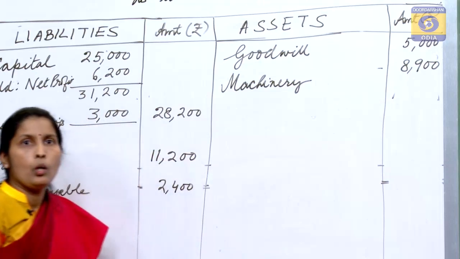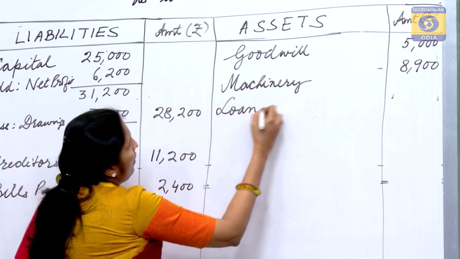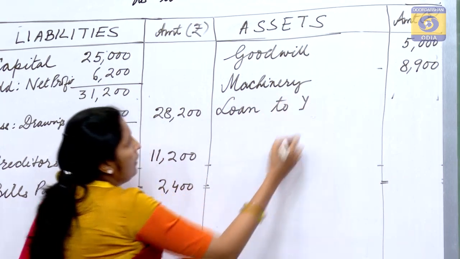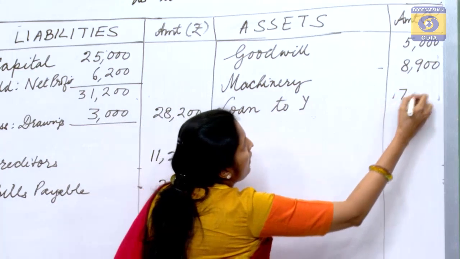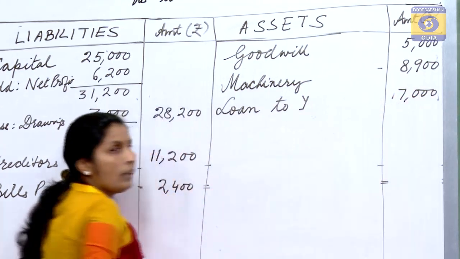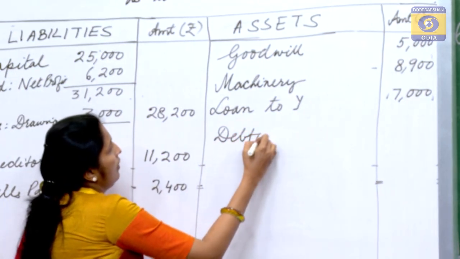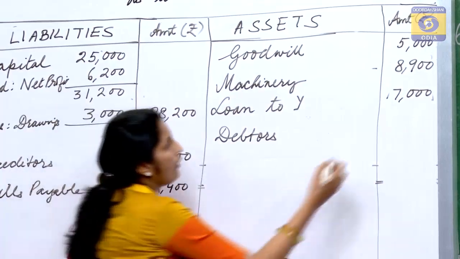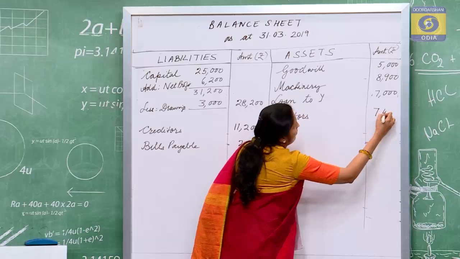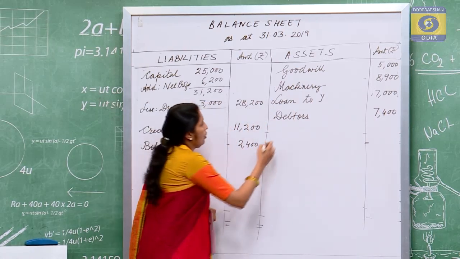Then we have loan to Y. As the loan has been given to Y, it is on the asset side. We have 7,000. The next item is debtors. So, debtors, the amount is 7,400. Next item we have is closing stock.